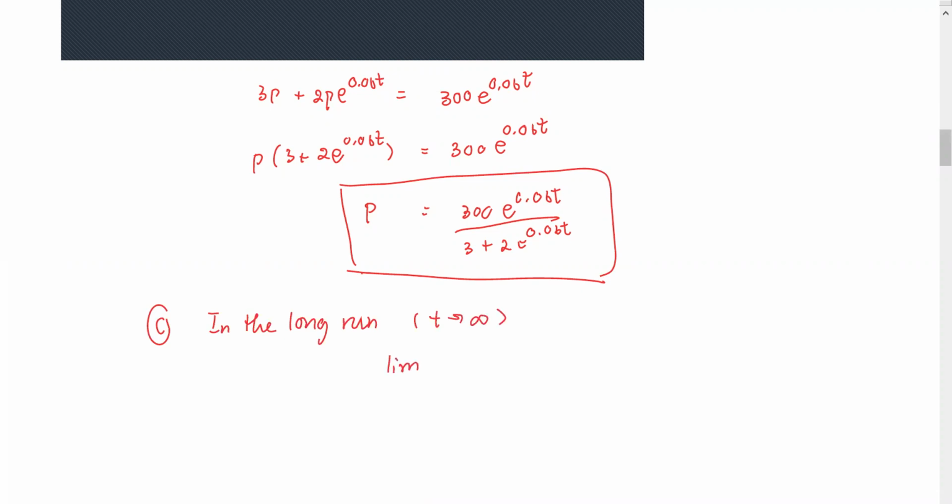So we take the limit of 300 times e to the 0.06 t divided by (3 plus 2 times e to the 0.06 t) as t approaches infinity, which will give us 150.